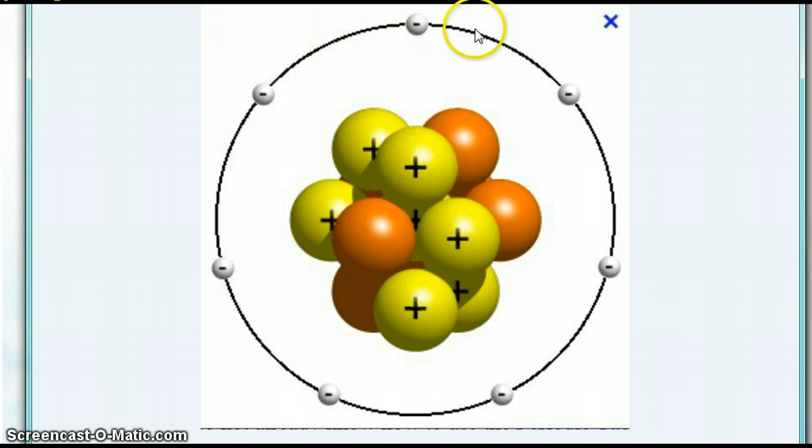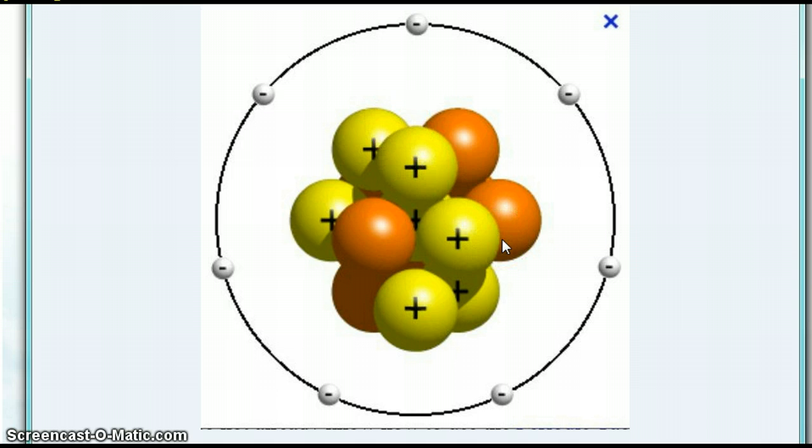Later, when we talk about chemical bonds, the electrons in this outer shell are what cause these atoms to connect. So this is an atom, the basic unit, and each element is different by the number of neutrons, protons, and electrons.